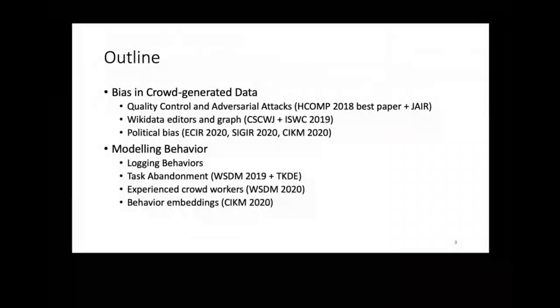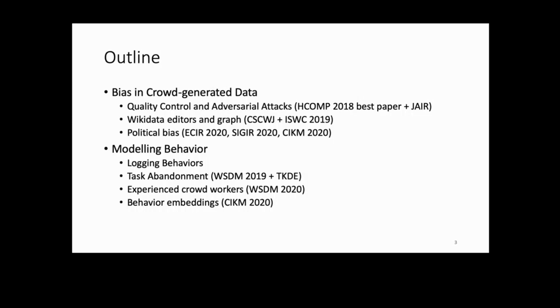So out of all this, what I'm planning to talk about today is, in the first part, as I said, give you a few examples of bias in crowd-generated data. So when we collect manual annotations at scale from a large population of human individuals, what type of bias do we encounter there?